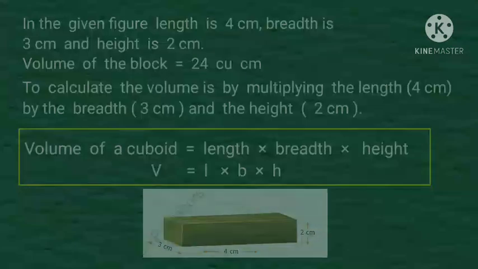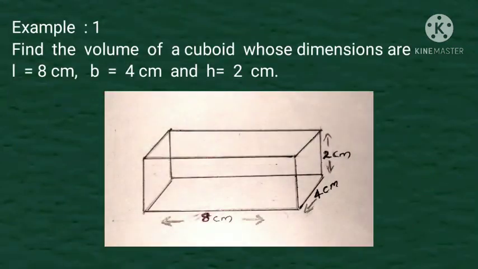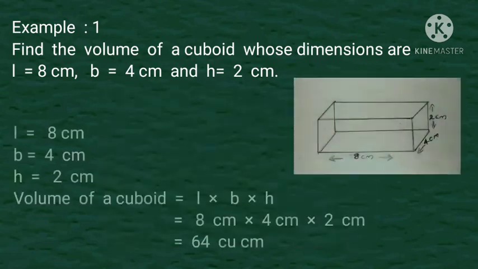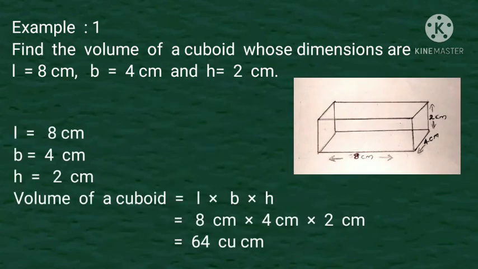For example, find the volume of a cuboid whose dimensions are L is equal to 8 centimeter, B is equal to 4 centimeter, H is equal to 2 centimeter. Here L is equal to 8 centimeter, B is equal to 4 centimeter, H is equal to 2 centimeter.